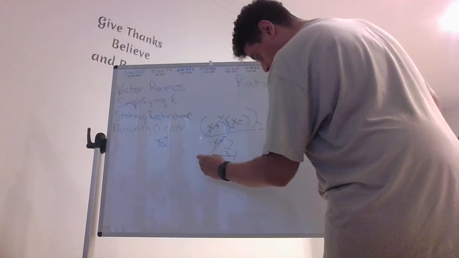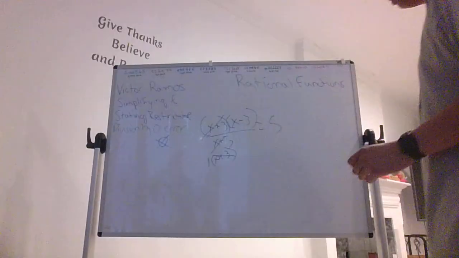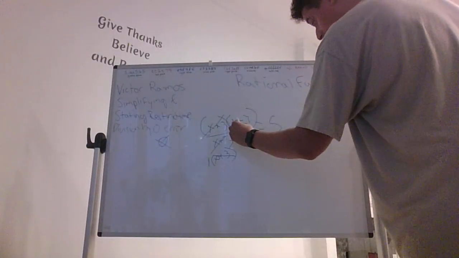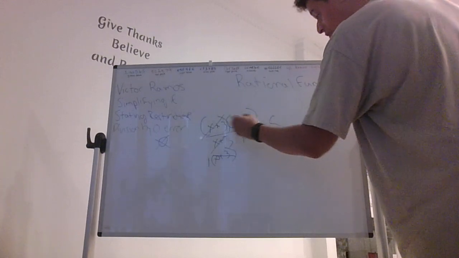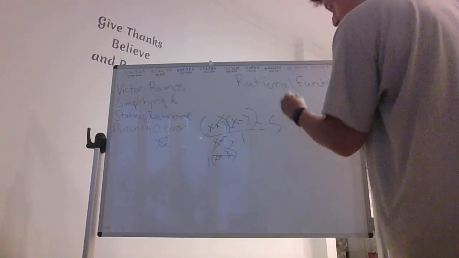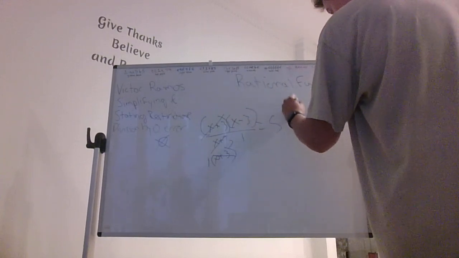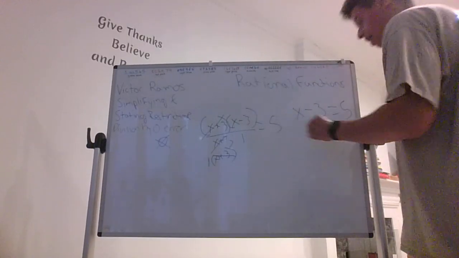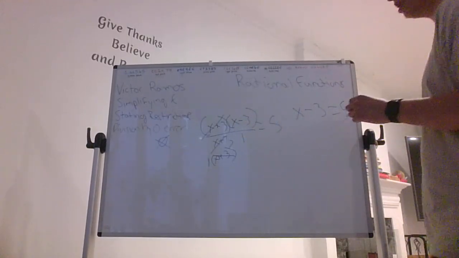The 3 gets eliminated, but the 1 is still there. Thus, only leaving behind the x minus 3, because x minus 3 over 1, any numerator over the denominator 1, is its own value. So it's x minus 3 equals 5. That's what we're left with due to the process of elimination.